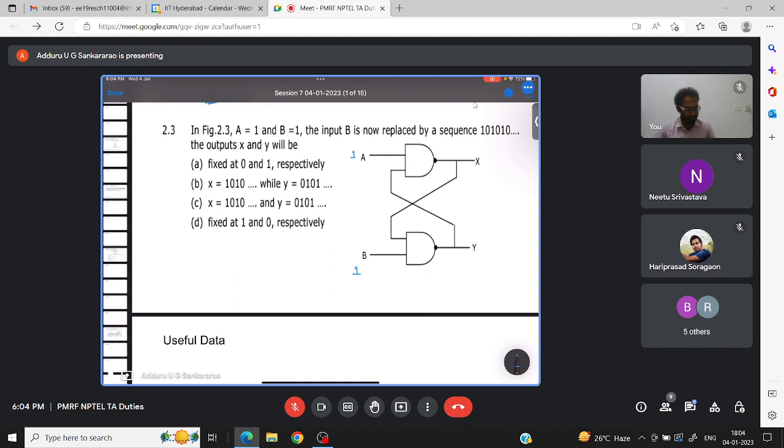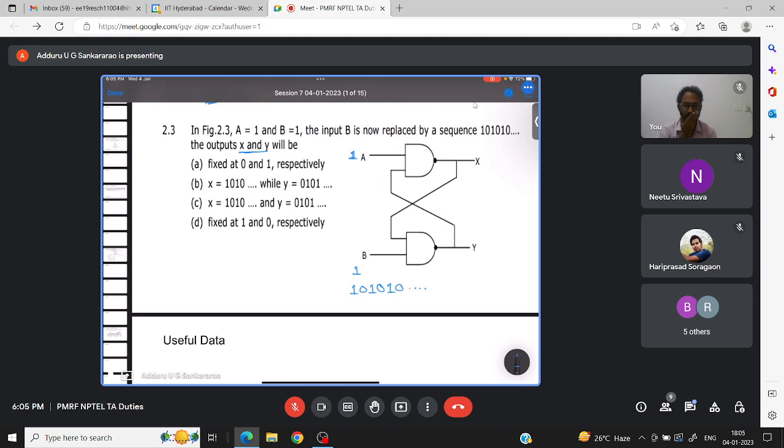Now the input B is replaced by the sequence. Instead of 1, they have replaced it with the sequence 10, 10, 10 like this. Then the outputs X and Y will be, they're asking. So different options they have given, fixed at 0 and 1 respectively, like that. 4 different options are there.